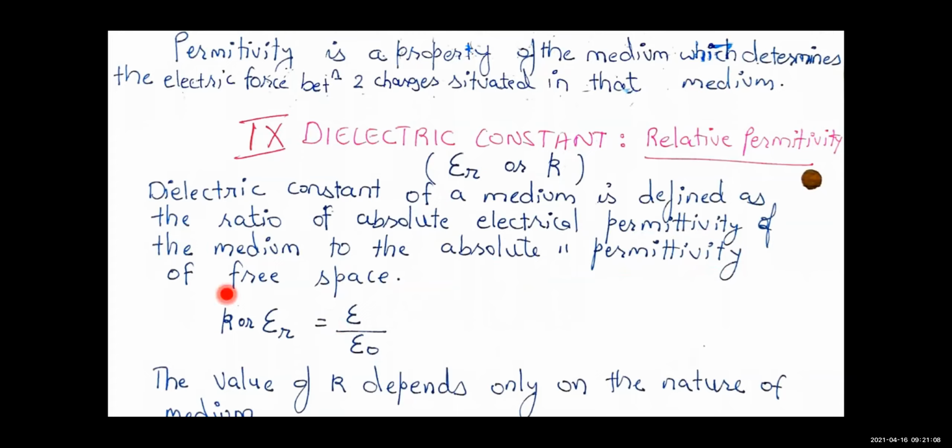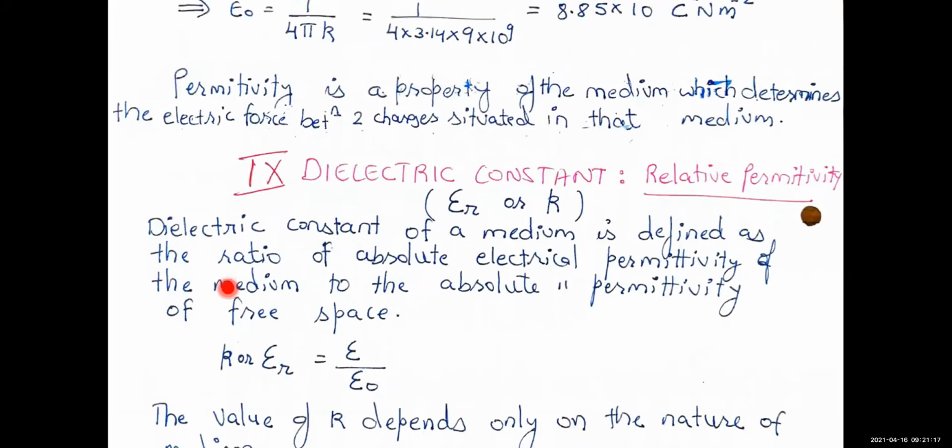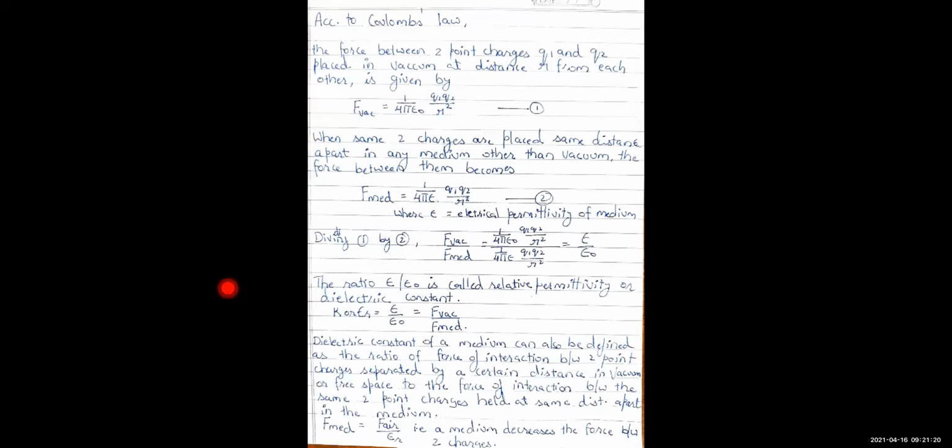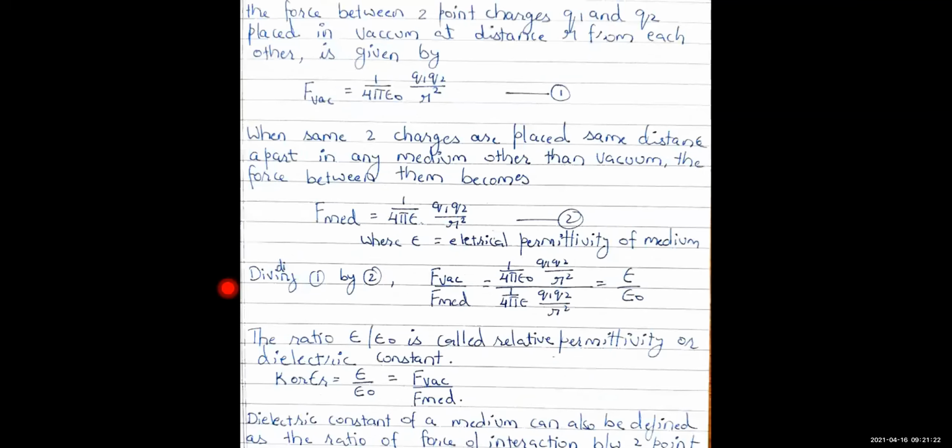Now, children, this absolute permittivity only depends upon the nature of the medium, right? It does not depend upon any other factor, right? Now, children, we have done Coulomb's law.